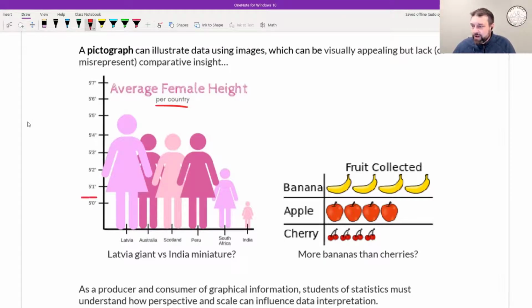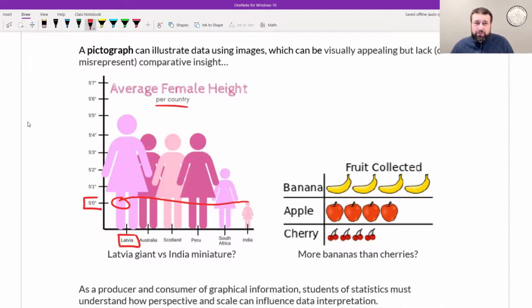So here at the 5 foot mark, you could see that women from Latvia are giants because their kneecaps are 5 feet tall. And women from India only measure up to the kneecaps of women from Latvia. The scaling of this is just all wrong, right? And so there's a better way to represent this information.